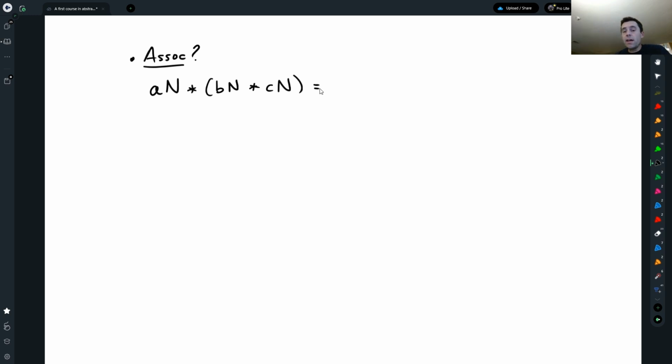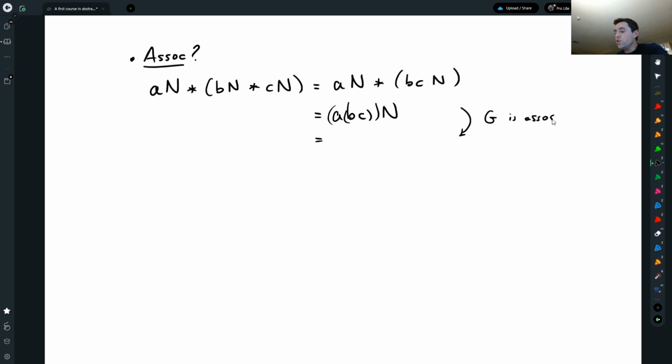But aN times bN, the inside of the parentheses, is abN, and that is again the way the multiplication works. This is abc times N, but now G is associative.